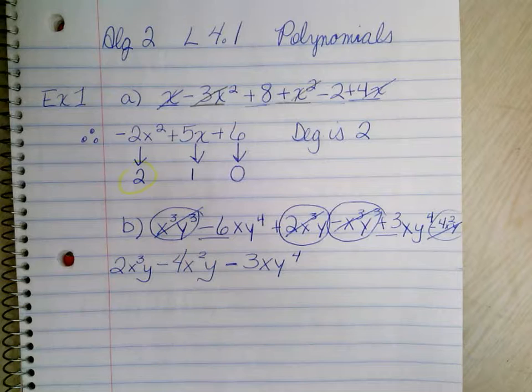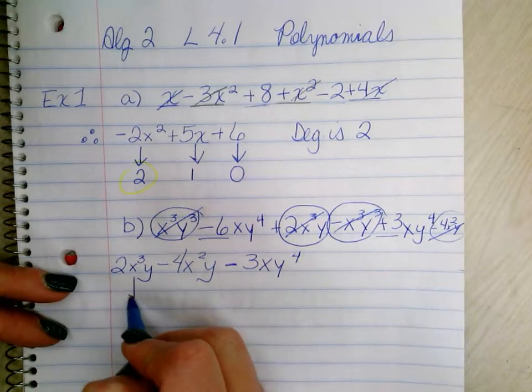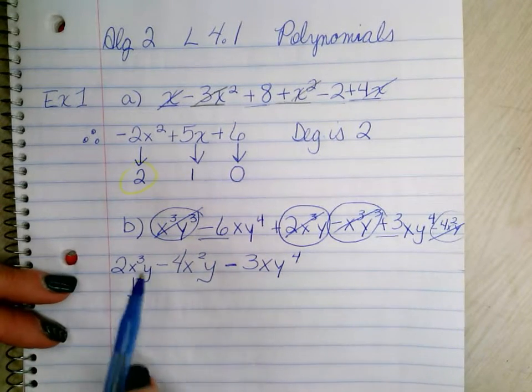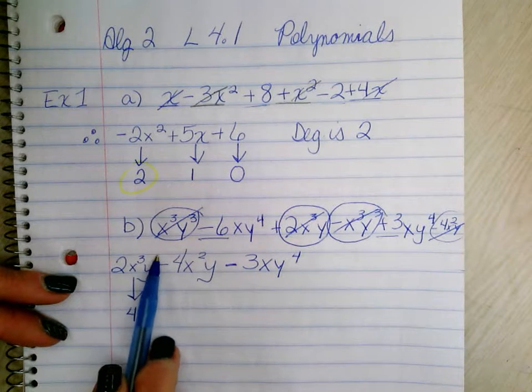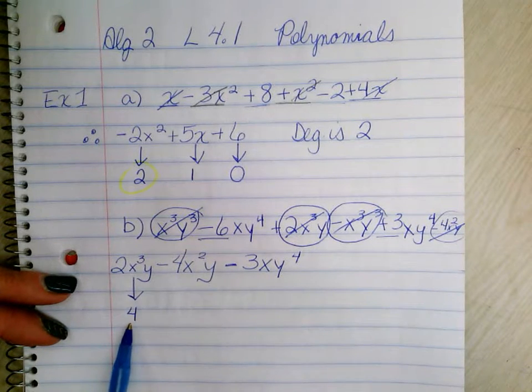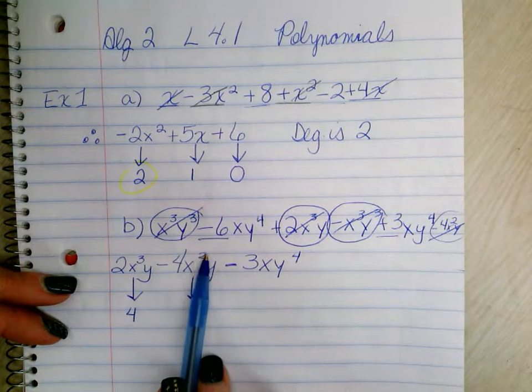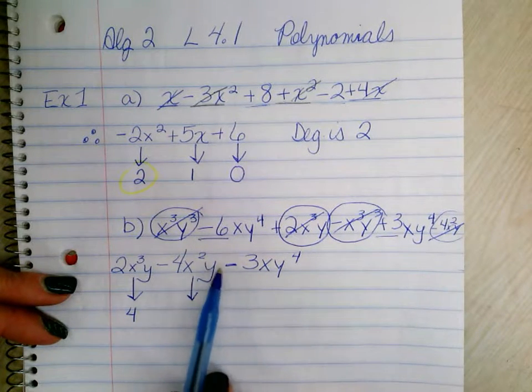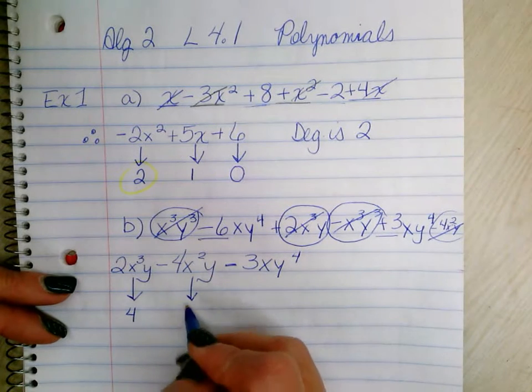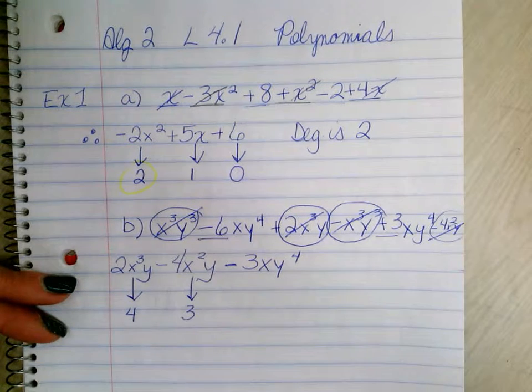Okay? A negative 3xy to the 4th. The degrees. This has a degree of 5, x to the first, y to the 4th. x cubed, y to the 1, 3 and 1 is 4. This has a degree of 3, x squared, y to the 1, is 3.